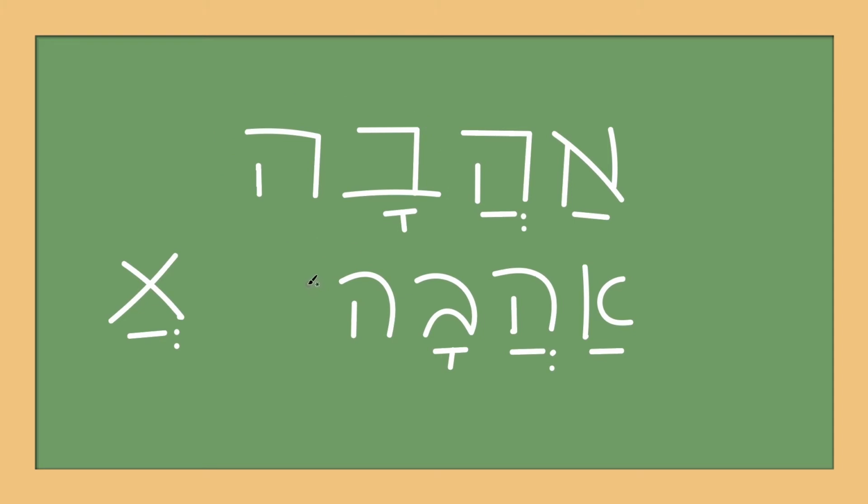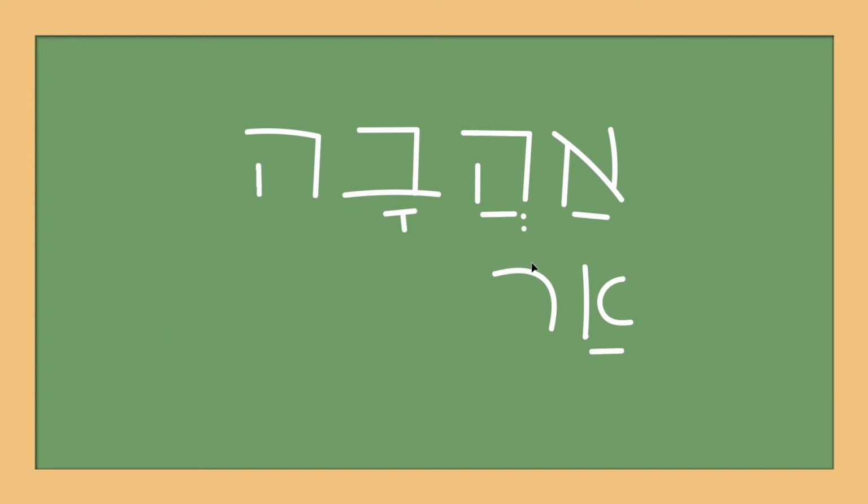So why again do we need the letter Hey? The best way for me to illustrate it will be to write another word just without the letter Hey. Same root.